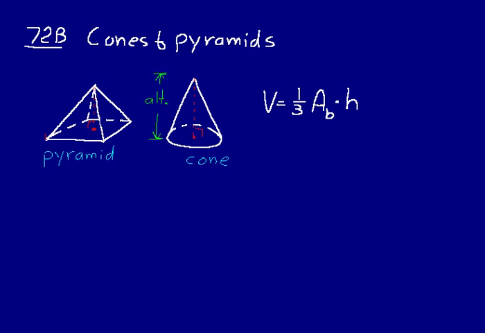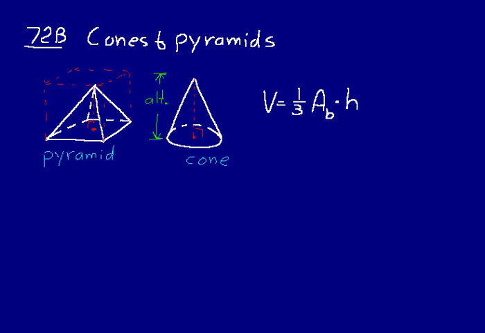If I pretended like I had a rectangular shape here, and I fit this pyramid inside that rectangular shape, we would see that basically it fits about 1/3 of that rectangular prism.